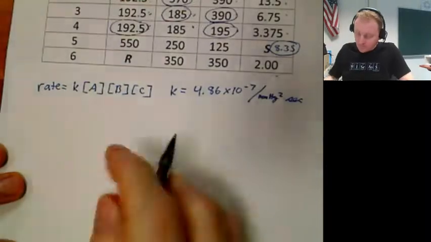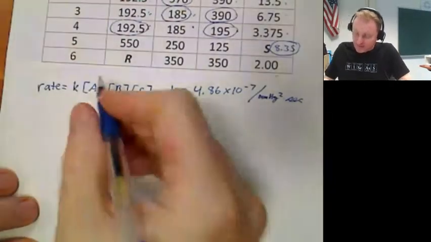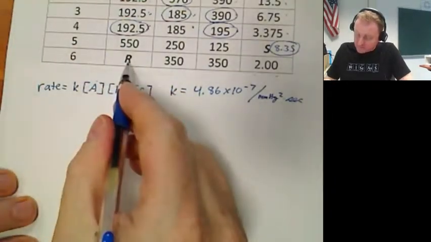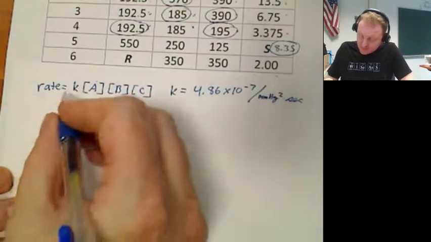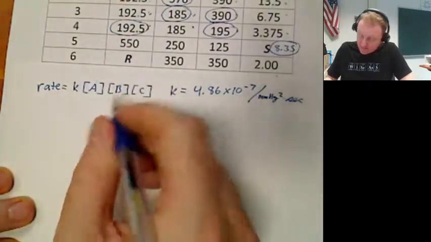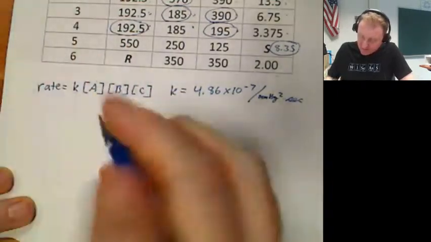Now we're going to solve for A, because that's where R is. So to solve for A, let's rearrange, and that would basically leave A there, and then all of this would come down, cross multiply.